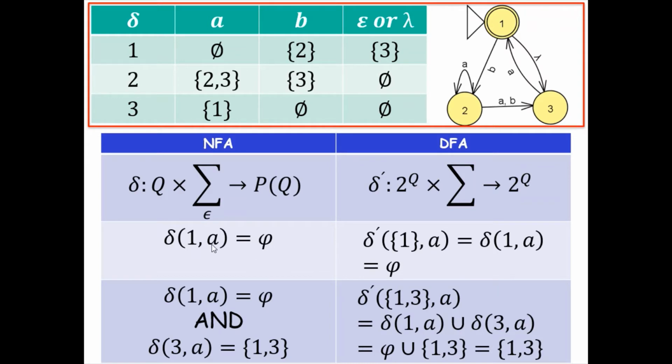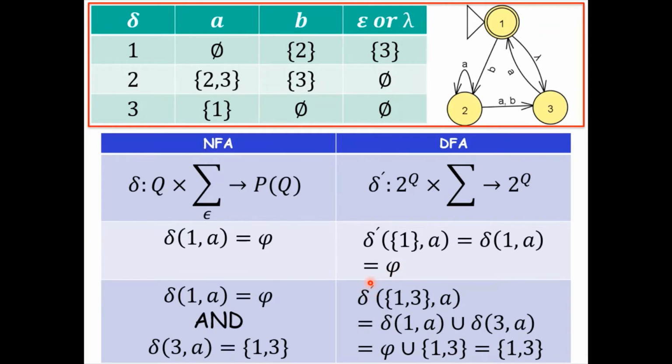As in the NFA there was no transition for input letter A at state 1, in the corresponding DFA we are constructing, we will be pointing this transition to the phi state or the empty state.